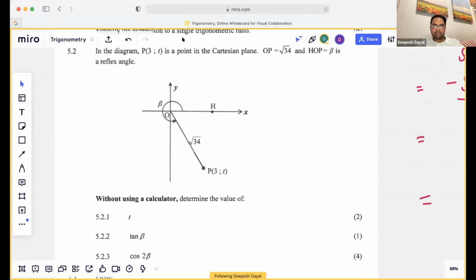T equals -5, I have. Okay, who else has an answer? Okay, I've got t equals -5.